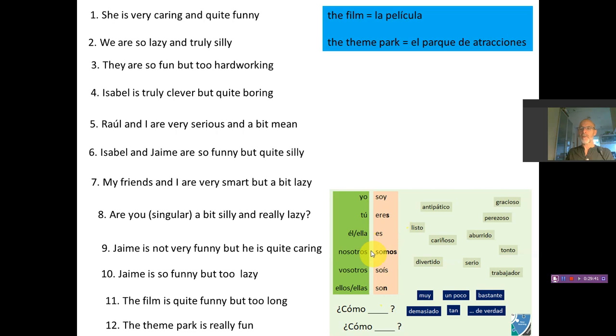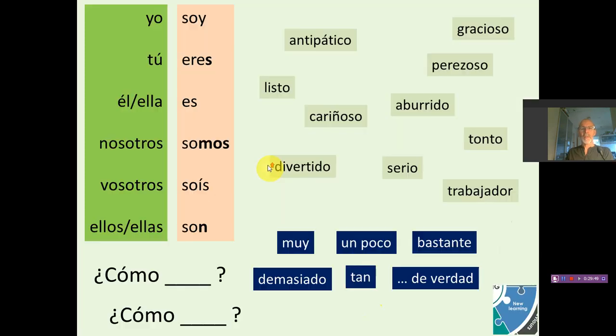The different parts of the verb ser, the describing verb, with the adjectives and everything else that we've just talked about. I'm going to quickly go back to this slide because there's something else I want to explain to you about verbs in general, which, if you start remembering this, will help you very generally with the verb forms.